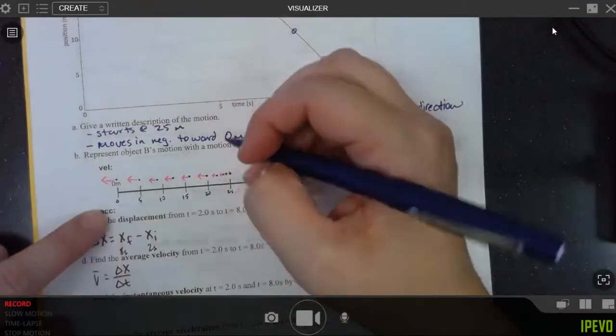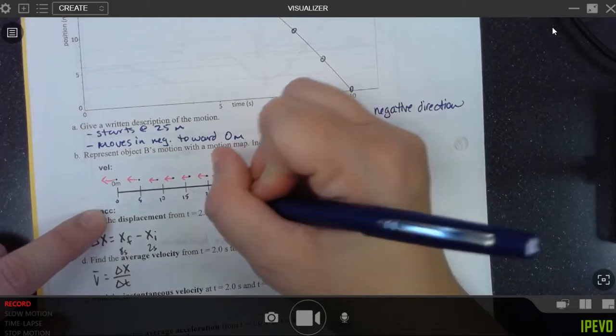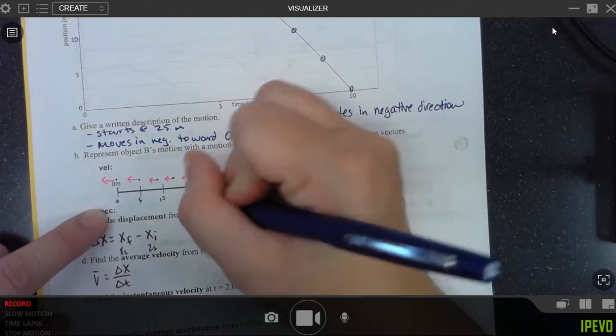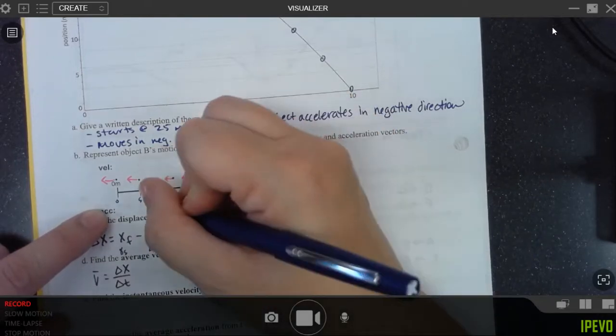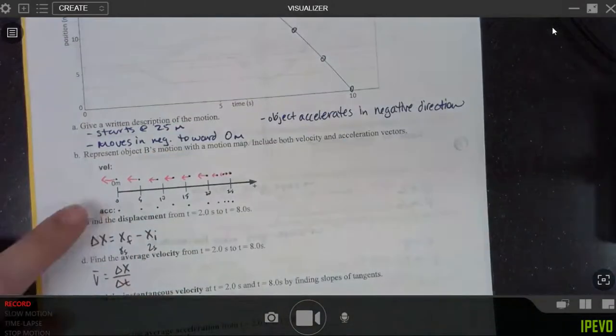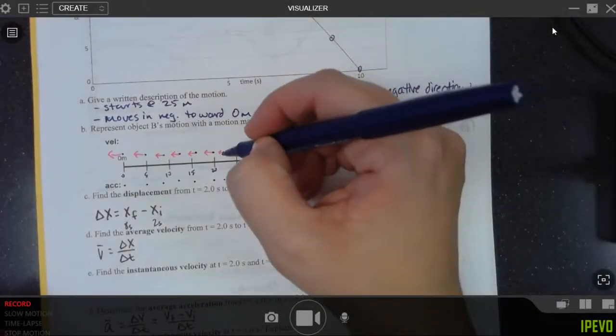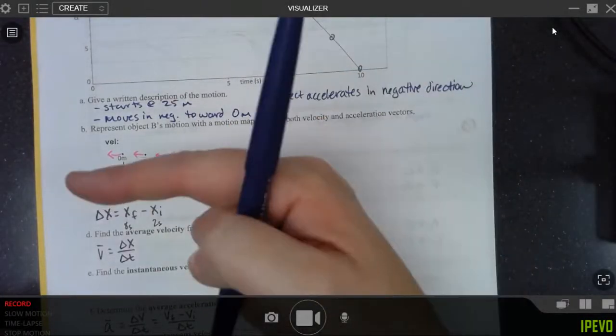For my acceleration arrows, I'm going to draw my dots in the same place because my dots tell me about position and nothing else. All right, and as we can see these get a little bit longer pointing to the left as we go on.